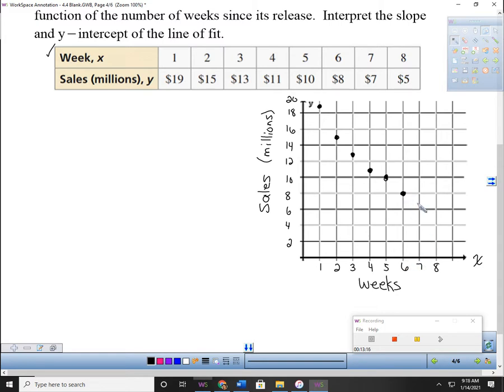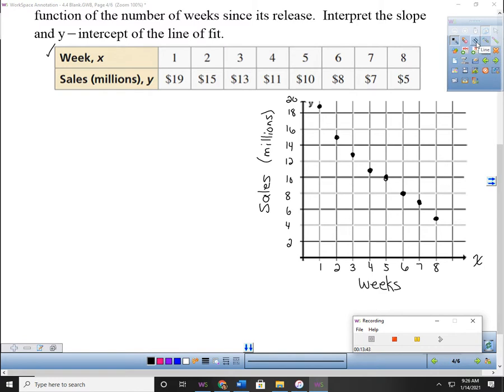Week 7, 7. And week 8, 5. Now that we've plotted all of our dots, we definitely see that this has a negative correlation, correct? So apparently, the farther it goes along, the less they've sold, right?